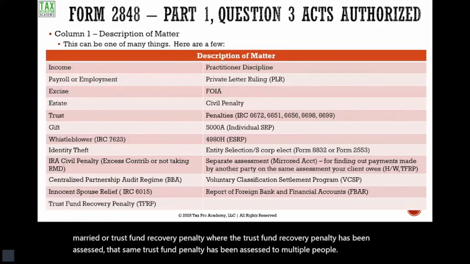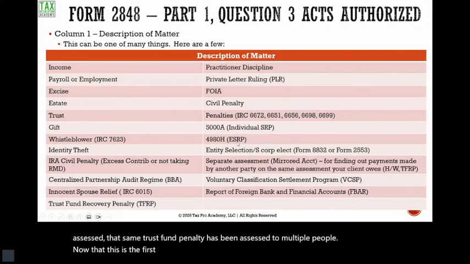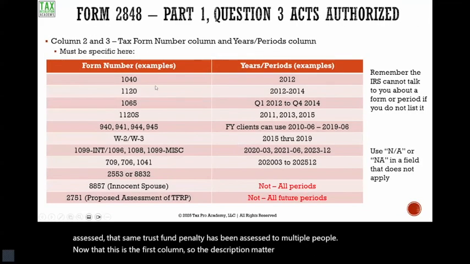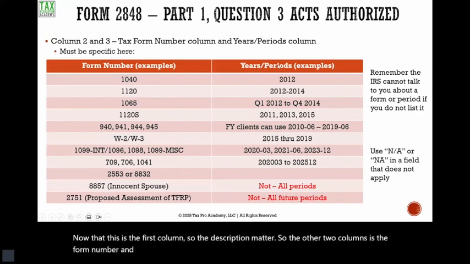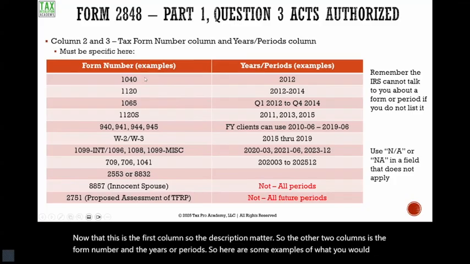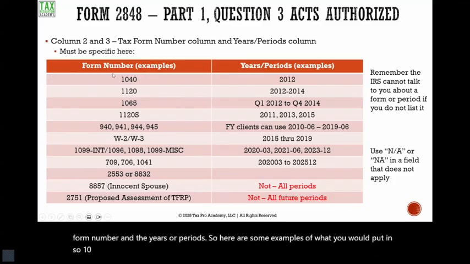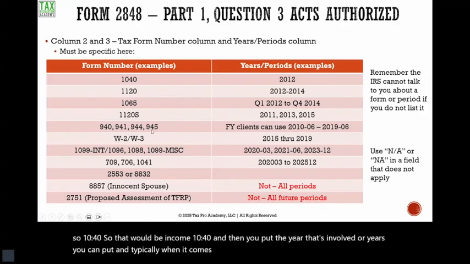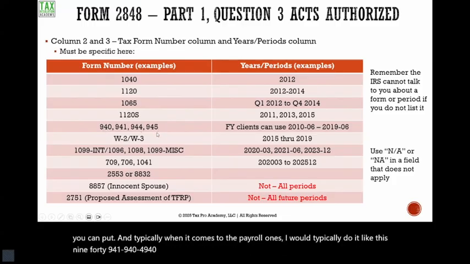Now, this is the first column, so the description matters. The other two columns are the form number and the years or periods. Here are some examples of what you would put in. 1040 would be income, and then you put the year or years involved. Typically for the payroll ones, I would put 940, 941, 944, 945 if applicable.